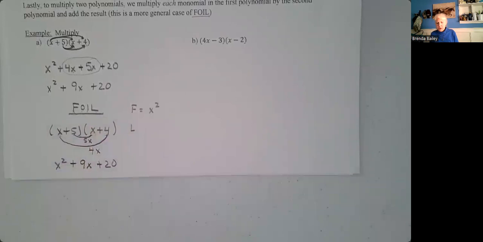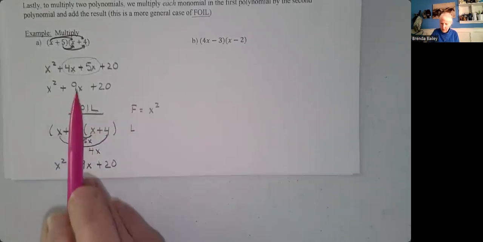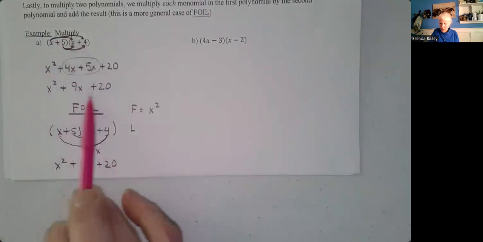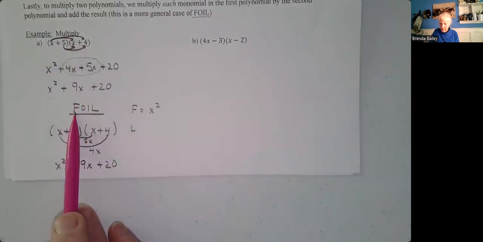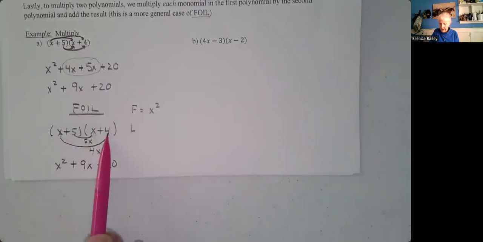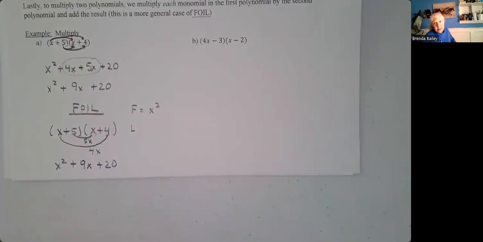So you have a couple of choices here. You can use the distributive property twice, or you can use the FOIL. First times the first, the outside, the inside, you multiply them, and then combine them. 5x and 4x is 9x. The L is last times the last in the parentheses. Now you can only use the FOIL with 2 binomials, so it has its limits. If you have a trinomial you're multiplying, you have to use the distributive property method.